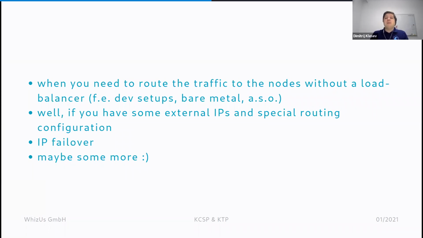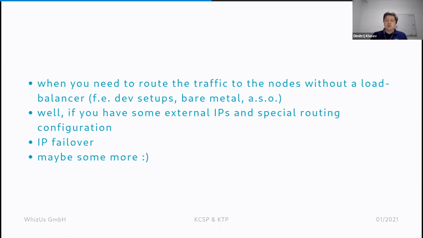Or you have some bare metal setups or setups where you do not have any load balancer like F5, Kemp, Citrix, and so on. And you need to provide some external IPs where you can route the traffic and it lands in Kubernetes. So maybe some of you have ever had experience with or ever touched MetalLB.